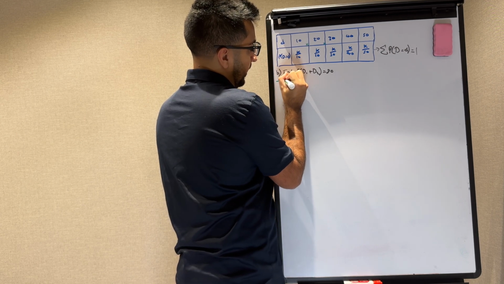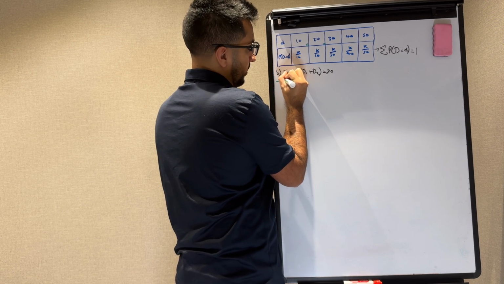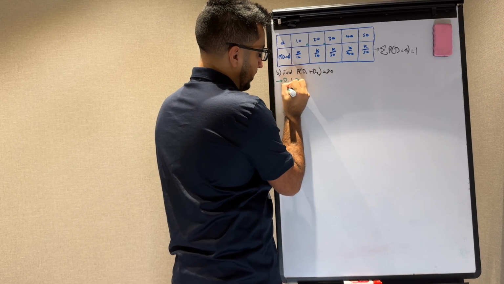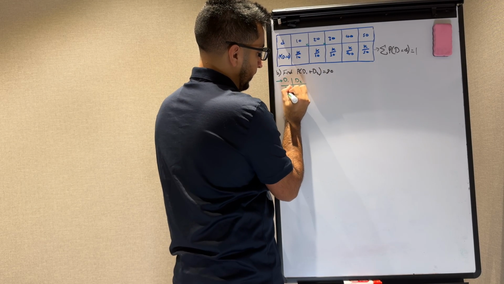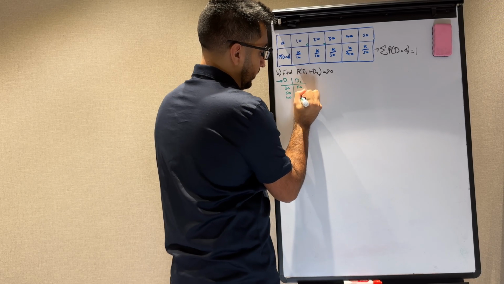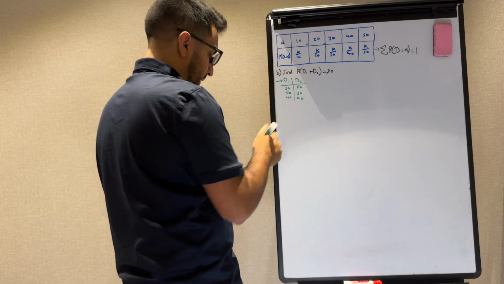Let's do a d1 and a d2 column. We can either do 30 and 50, 50 and 30, or 40 and 40. But it doesn't matter which way round these are, it's going to be the same.